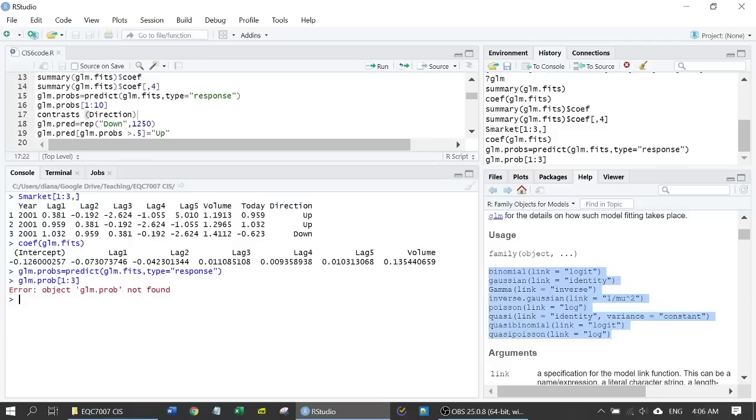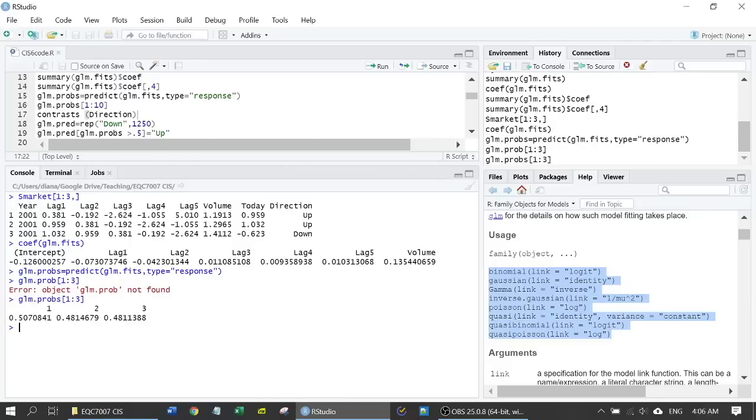Oh, okay, there's an s there. As you can see here, the first probability is 0.507, which is quite a high chance, above average. So what it means here is that based on this information, you plug it in, and you don't have to care about the actual value, whether it's up or down.